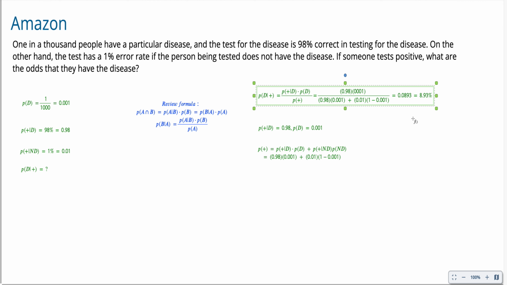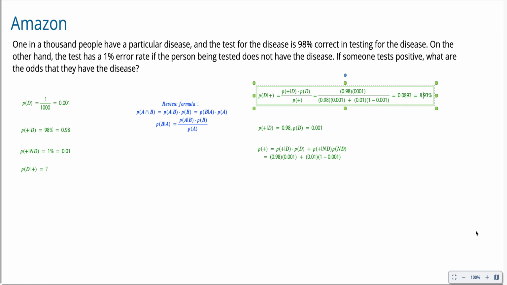This is kind of surprising, because the accuracy rate, the correct rate, is so high, 98%. So you would think that if I go for the test for the disease and it comes back positive, I'm very likely to have the disease. But in reality, no, it's not necessarily the case.